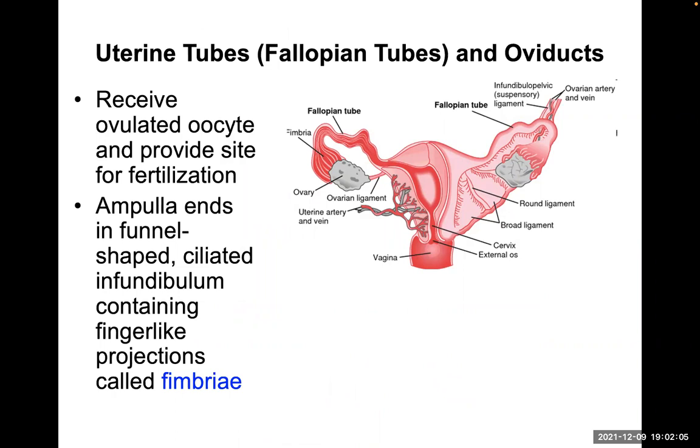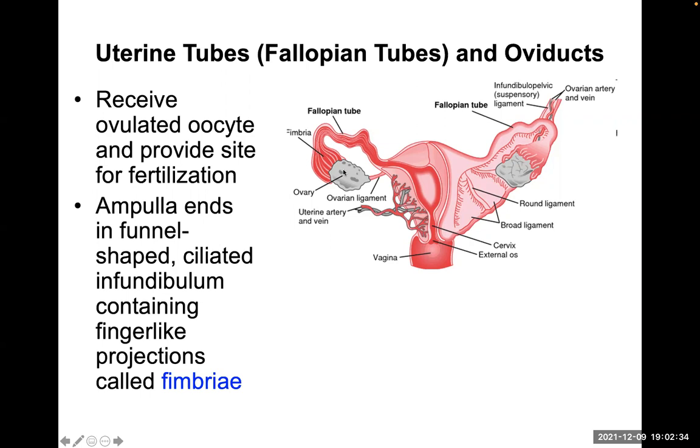Again, just remember the uterine tubes. The fallopian tubes is what I default to calling them because that's the historical name for the tubes. I think there's a movement to leave behind trivial names to describe a structure, so uterine tubes is becoming more and more common. I apologize, my default is to go back to fallopian tubes, but those are the same thing.